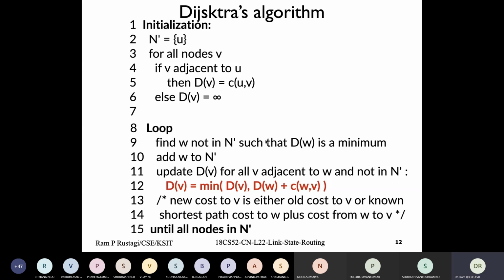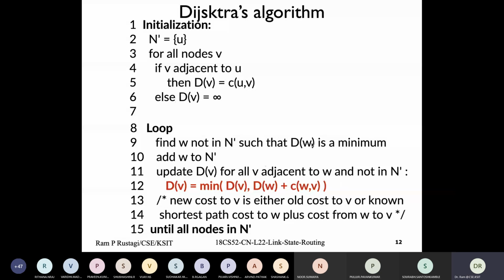First time I do n comparisons, next time I'll do n minus 1 comparisons, next time n minus 2 comparisons, because my nodes left are fewer. To find a minimum, I will do order n work, and I'm doing this n times, because my loop runs n times. So time complexity is n square.